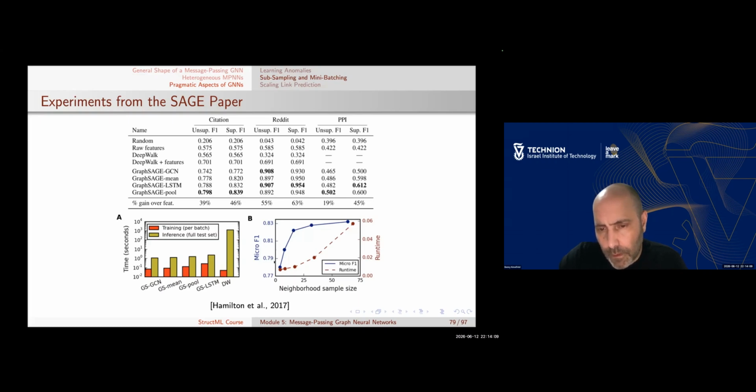But you see that you have this number, say 20 nodes of neighbors, where using this number gives you a very good balance between the execution time, okay, and the quality, okay, and the accuracy of the model. From this point all the way to using 75 nodes, you don't gain too much accuracy. So there is a sweet spot for the sampling size.